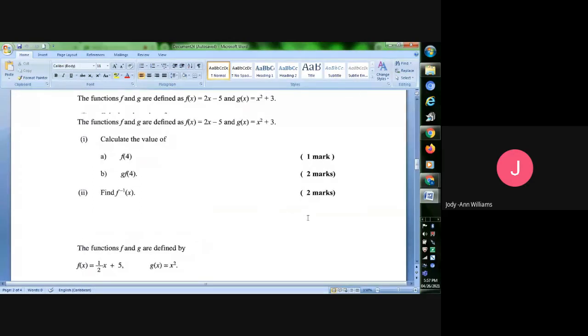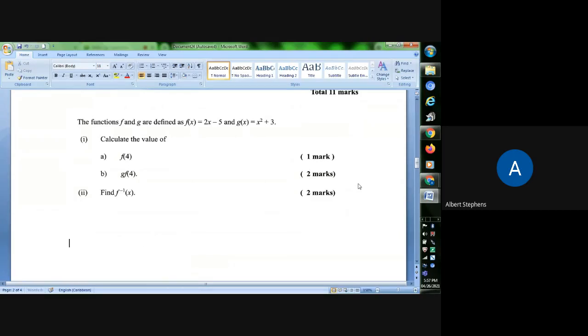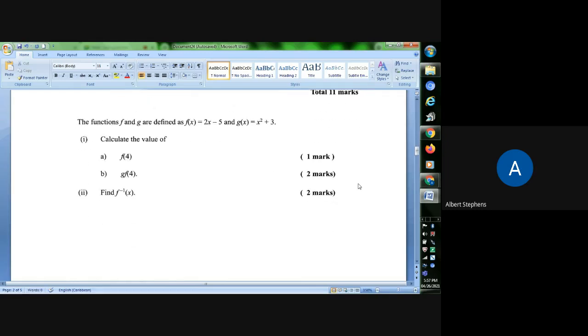Yes, sir. So this topic comes under relations, functions, and graphs. I know some of you might not have done this, but has anybody probably touched on this topic before? Have you ever seen f(4) and g(4) and all of that? Some of you may have, some of you may not have.